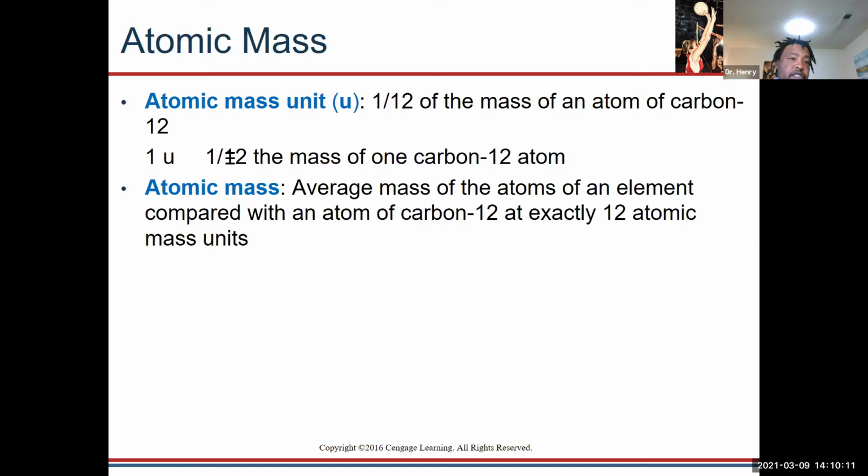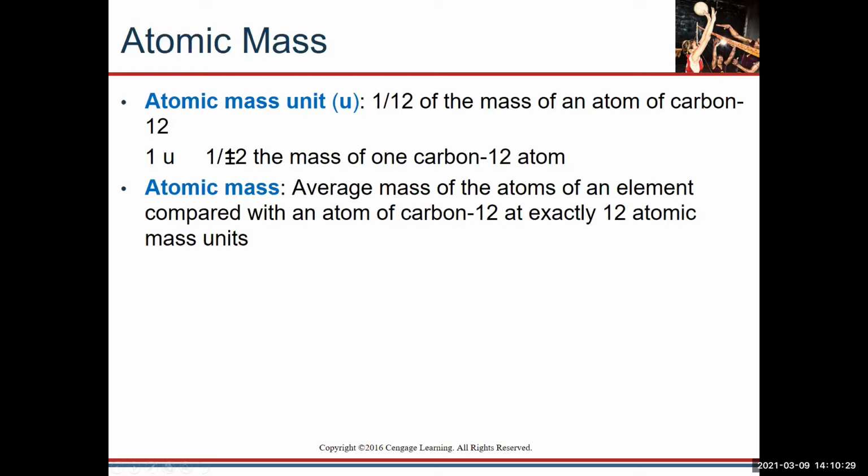So what you see on the periodic table actually takes into consideration the relative abundance of each of the different isotopes that exist for that particular element. Does that make sense?